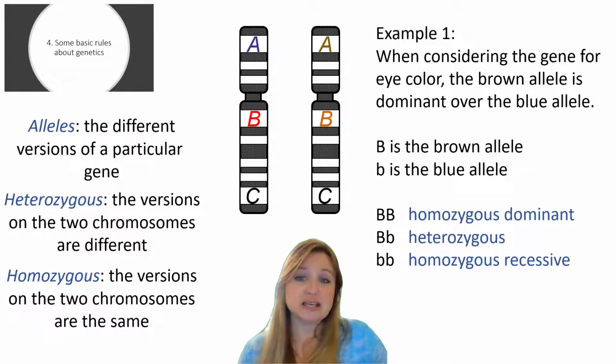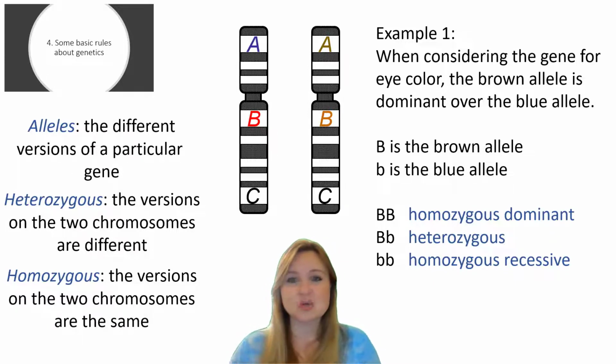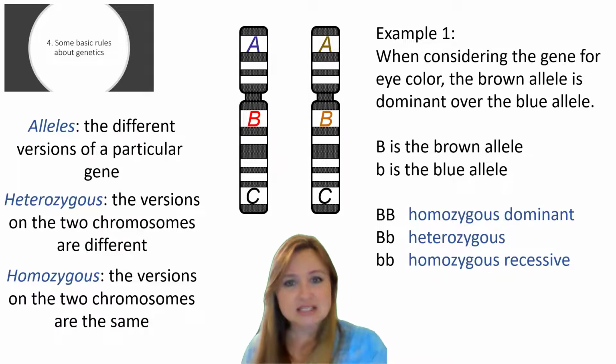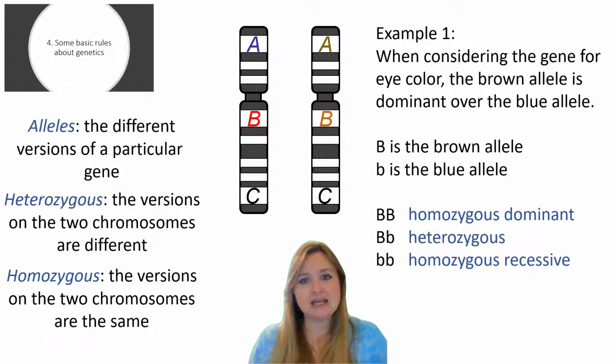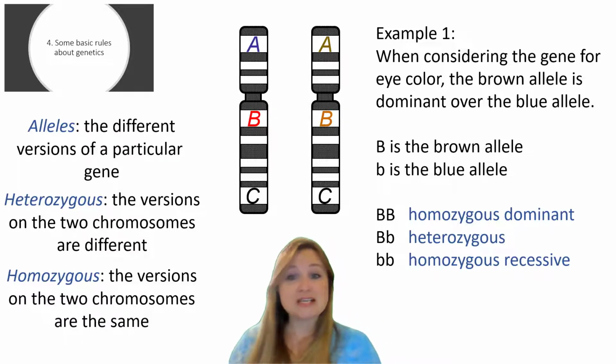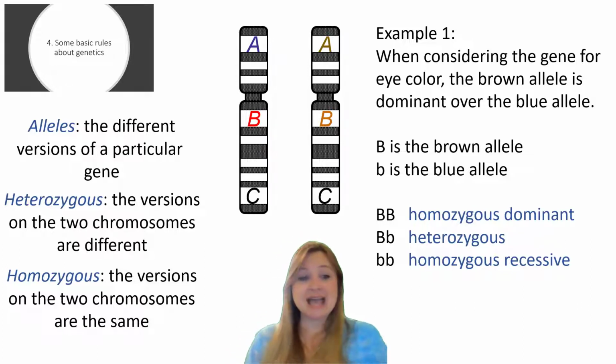Whereas little b, little b has 2 of the recessive allele, so we call that homozygous recessive. So right away, if I tell you that somebody is homozygous recessive, you know they have 2 of the recessive alleles. Or if I tell you that somebody is heterozygous, then you know they have 1 dominant and 1 recessive allele.